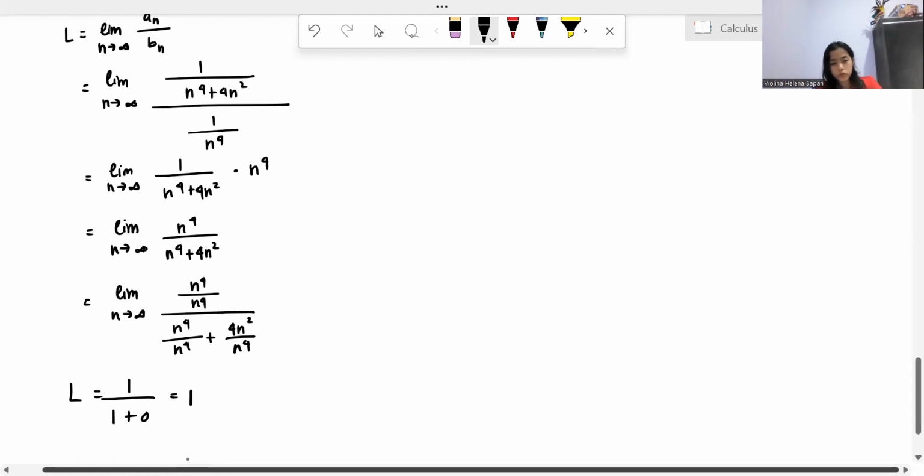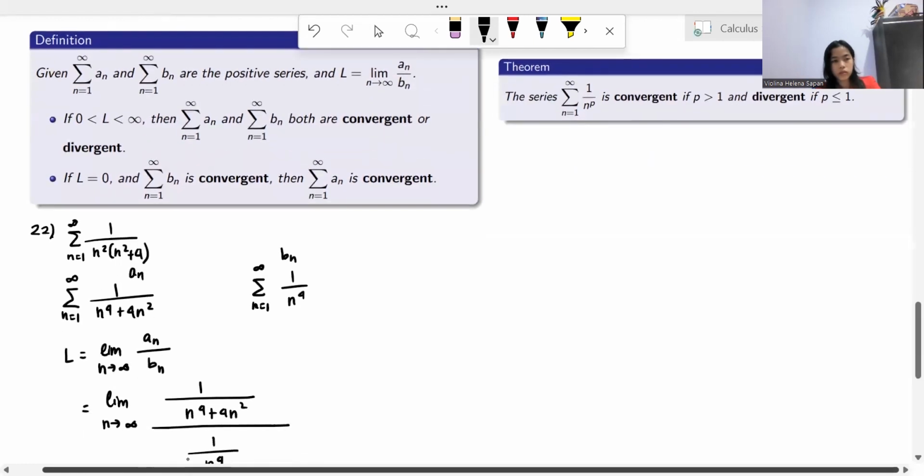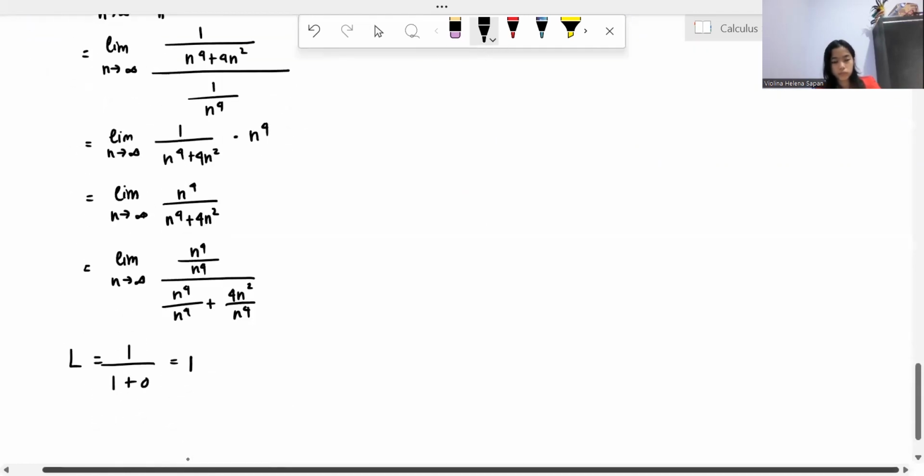So by definition, if L is equal to 1, then it means L is larger than 0. So that means the an and bn can be both convergent or both divergent.